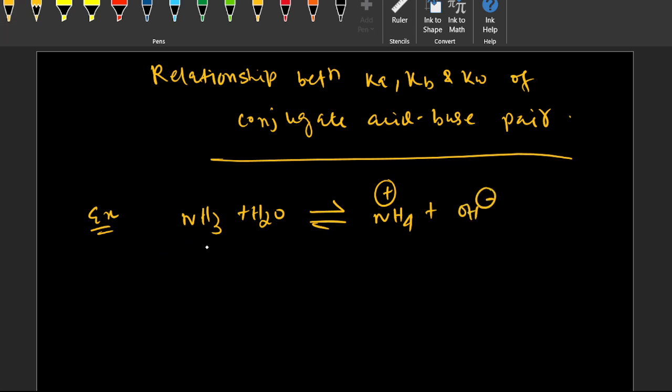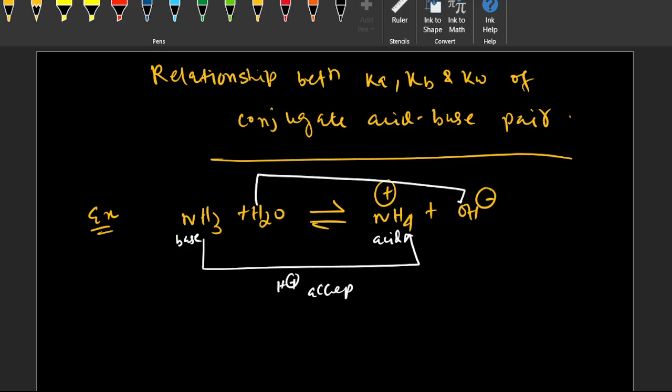So from this to this, H plus is accepting, so this is the base and this is the acid. Similarly from here to here, H plus is donating, so this is the acid and this is its conjugate base and this is its conjugate acid.